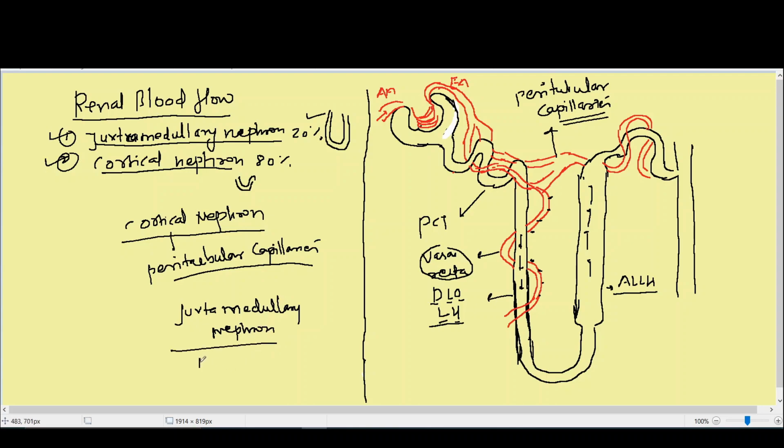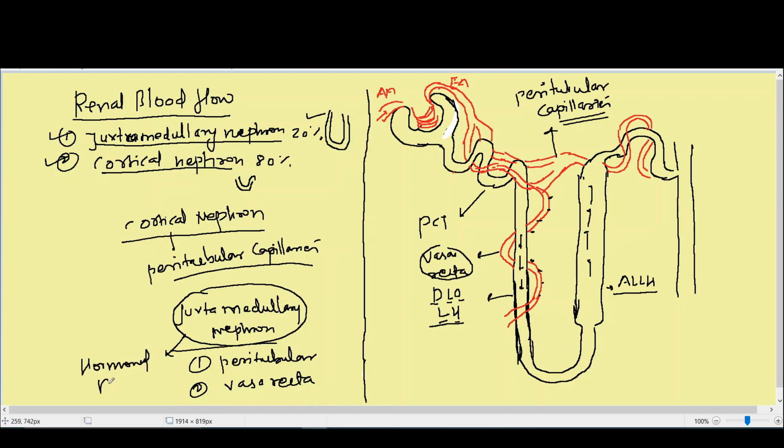First is peritubular capillaries and the second is of course vasa recta. This nephron is also involved in hormonal regulation, and the cortical nephrons are in more concentration and only have peritubular capillaries.